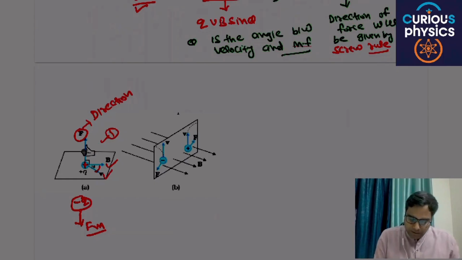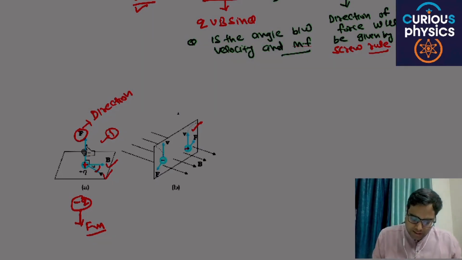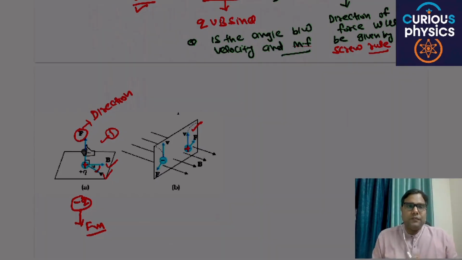For example, in the second case, V is in the y direction and B is in the x direction. What will be the value of V cross B? The charge is positive, so curl your fingers from V to B, and the thumb direction will give the direction of force.